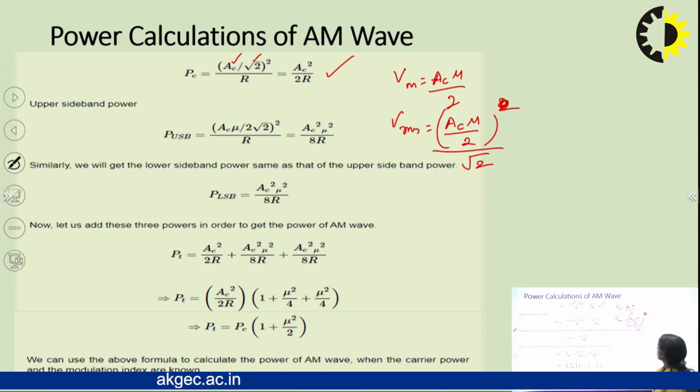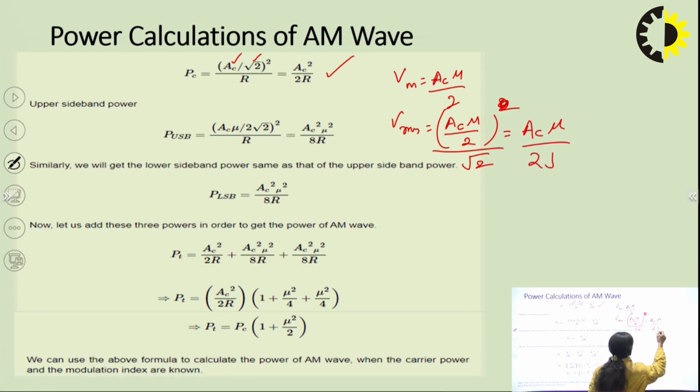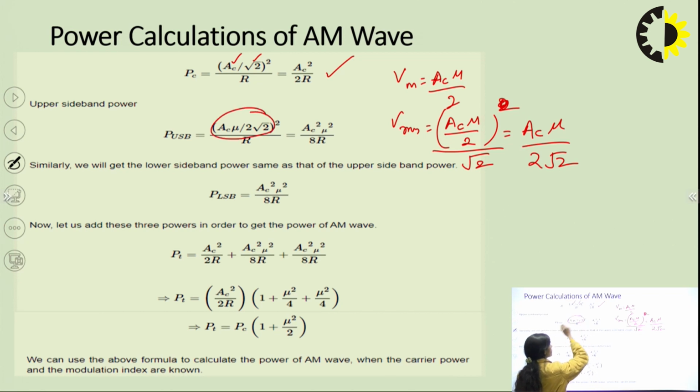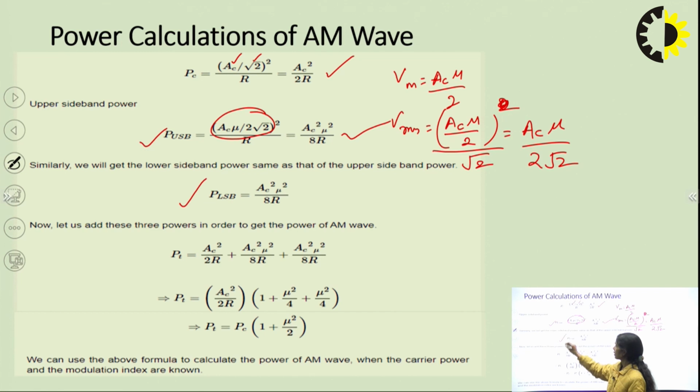This is the Vrms value for the upper sideband. Substituting this RMS value into the formula, we obtain the upper sideband power as Ac square mu square divided by 8R. The same power is obtained for the lower sideband, which is Ac square mu square divided by 8R.